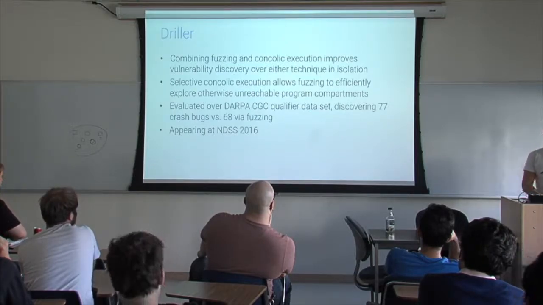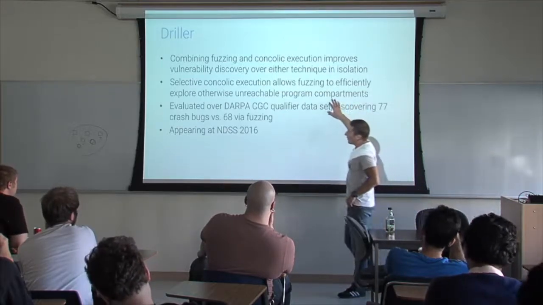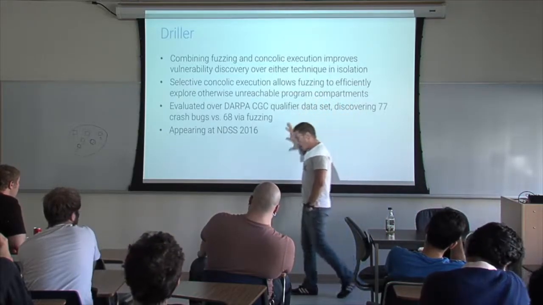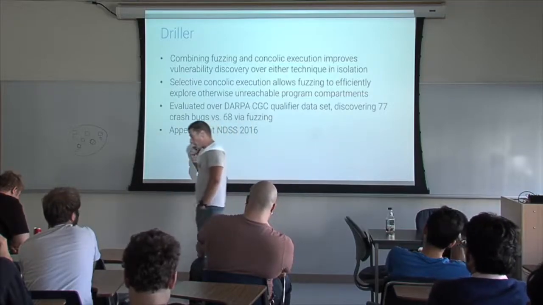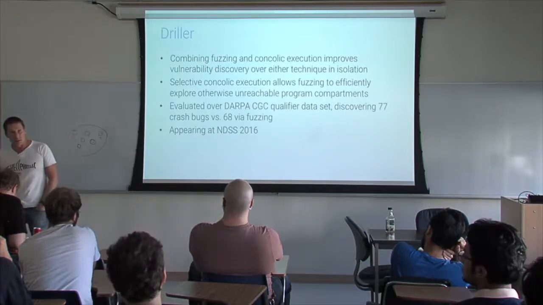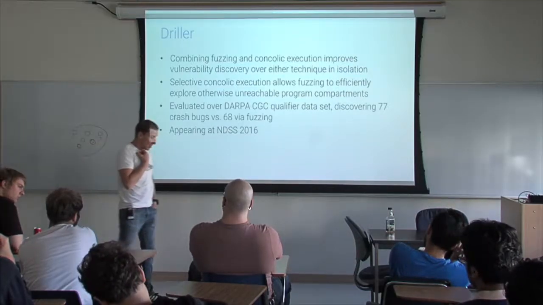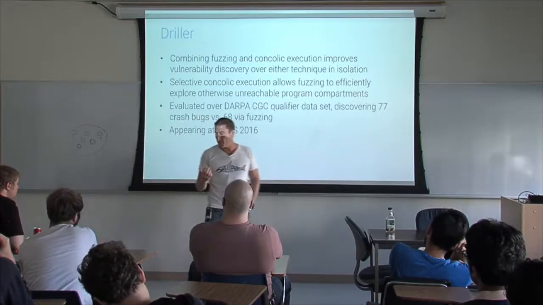Fundamentally, we found a way to combine fuzzing and symbolic execution to take the advantages from both techniques and complement the disadvantages so that it wouldn't be as bad in terms of scalability.